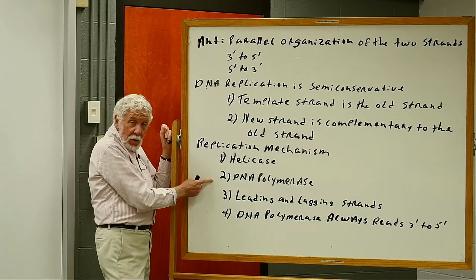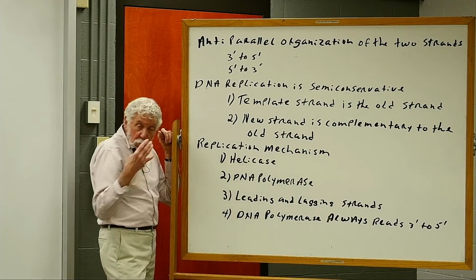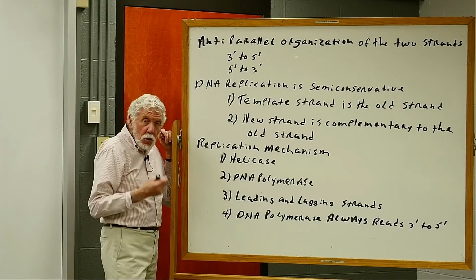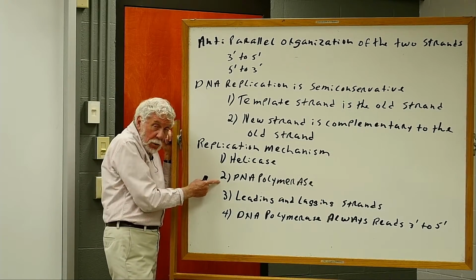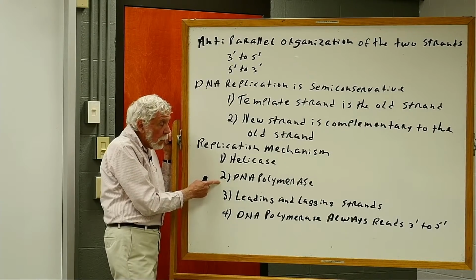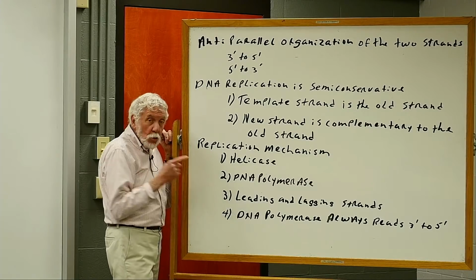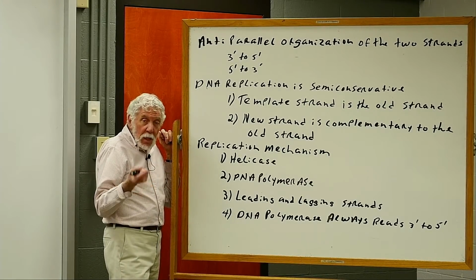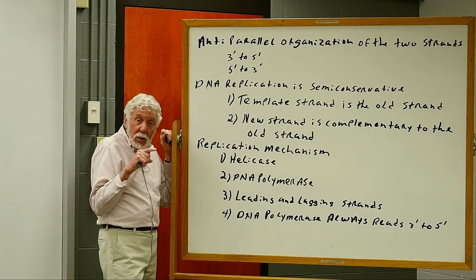But then we need another enzyme. We have another enzyme that comes along called a DNA polymerase. And again, there's meaning in this term, DNA polymerase. We're going to polymerize a new molecule of DNA. And what we're going to do is use the template strand, and we're going to walk along the template strand with this DNA polymerase. And the DNA polymerase has two roles. It first picks the appropriate base so that each base in the old strand will be complementary to the base in the new strand.